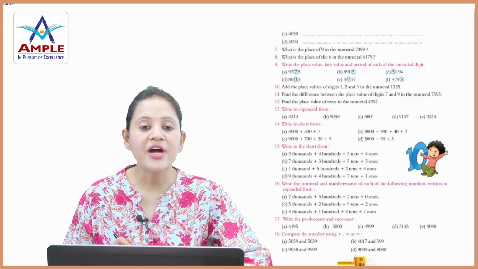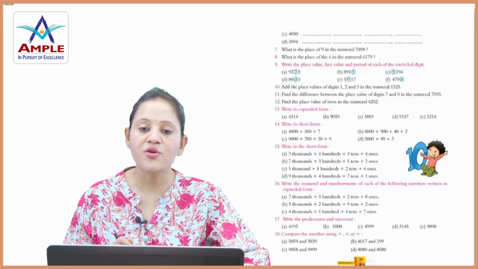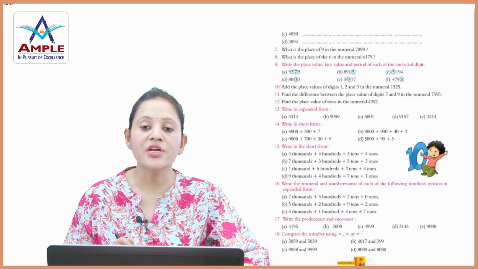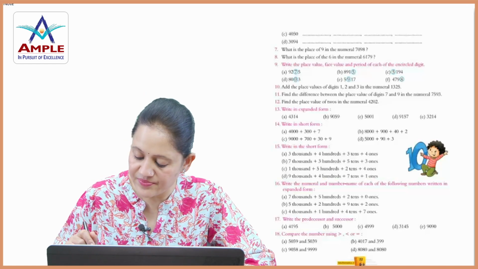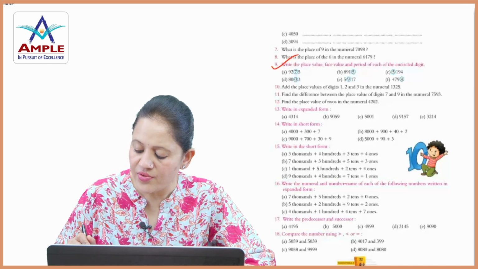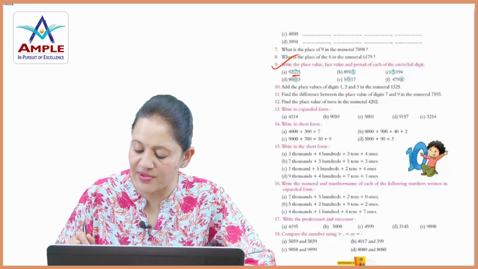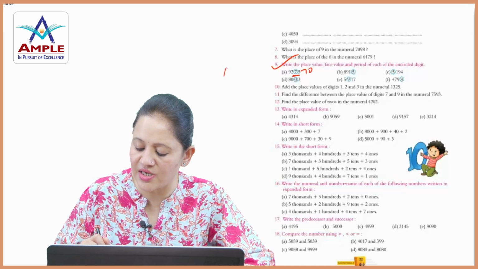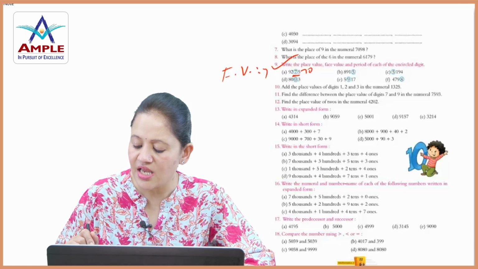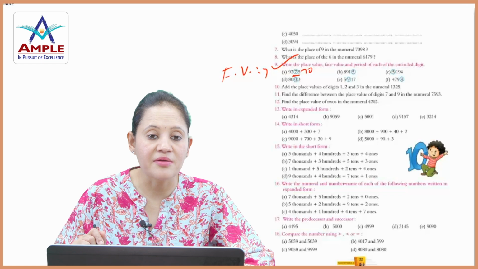Next, write the place value, face value and period for each encircled digit. So here the encircled digit is 7. The place value will be 70 because it is tens place. Face value is the same as the digit, that means 7, and the period comes under ones period. Clear?